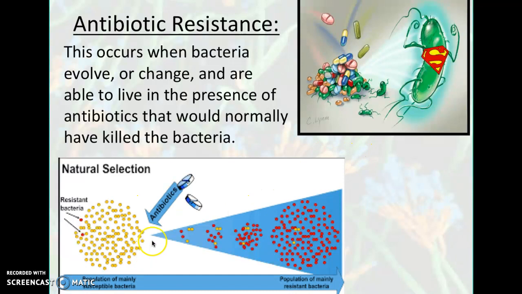Okay, so let's give you an example. For instance, my daughter had a really bad strain of an ear infection. So she took an antibiotic, and then 9 days into the antibiotic, she ran another fever.